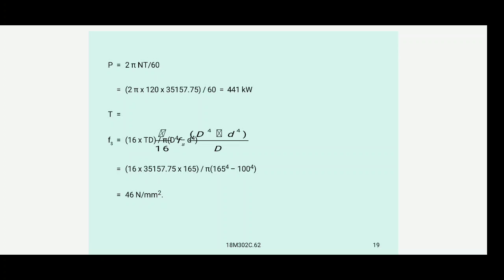P is equal to 2 pi N T by 60, that is equal to 2 pi into 120 into 35,157.76 by 60, that is equal to 441 kilowatts. That is the torque.